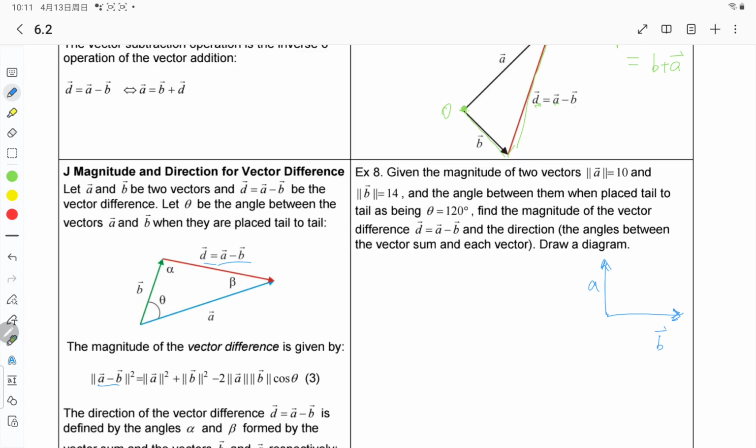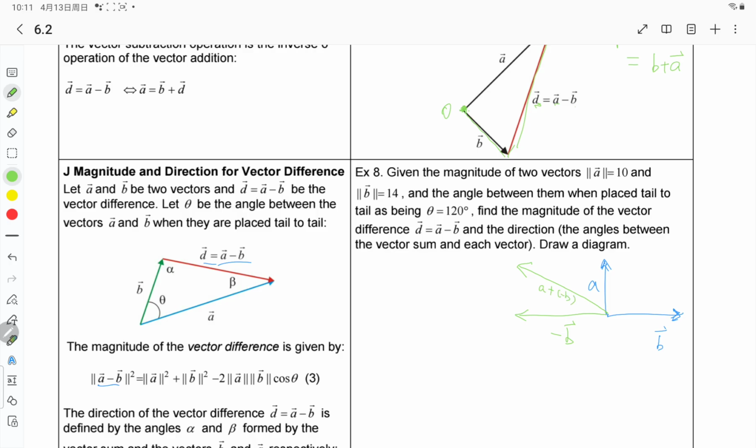And then where is A minus B? You can draw A minus B, and I think it's safe to do it: just draw minus B. Okay, and then what is A minus B? A minus B just looks like this, right? The A plus minus B, it looks like this.